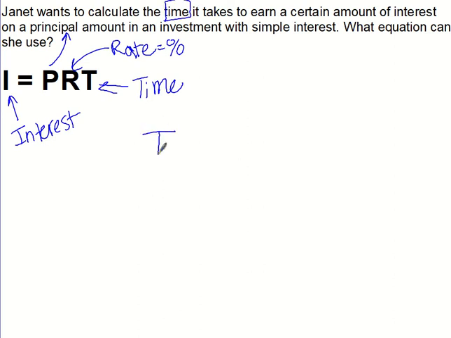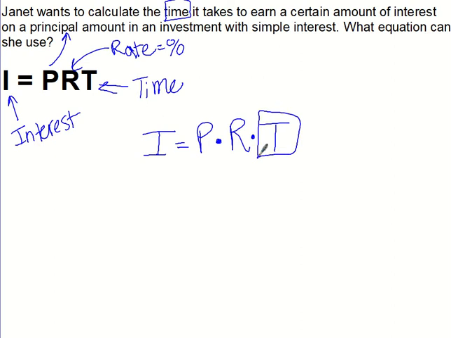So we're going to take our equation, I equals P times R times T. So remember, when we don't have a symbol, we don't have a plus, minus, or divide symbol, it's always multiplication. So that's why I wrote multiplication. So the inverse of multiplying is dividing. So I want to get T by itself.